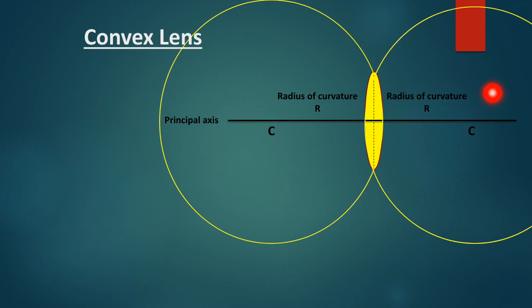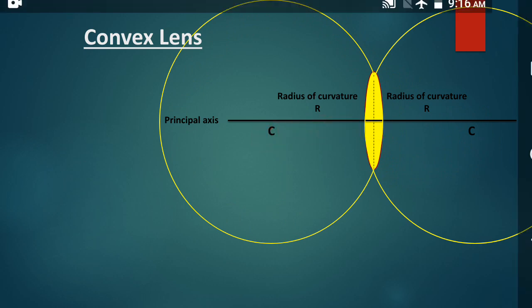The center is here and this is the radius, so we say this is the center for this curvature only, and that's why this is called the center of curvature, and this is the radius of curvature. We have another refracting surface for this same lens, the second, and for that we can imagine a sphere, and this is the center of curvature and this is the radius of curvature.